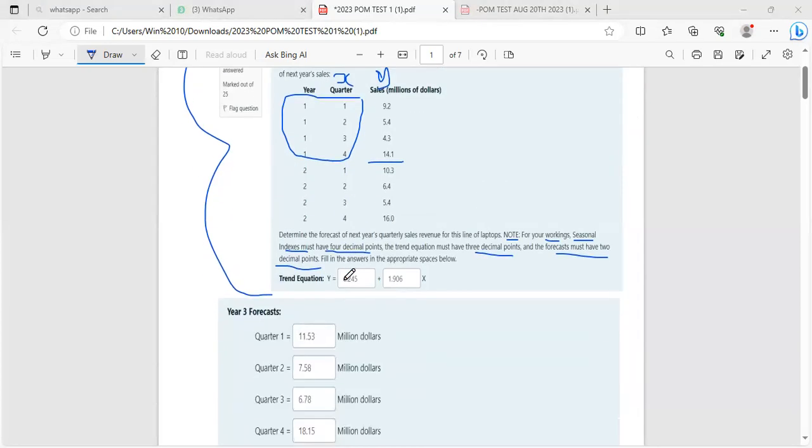So here, just a minor aspect, because they are simply saying we need to calculate now the value of the regression equation using the data that has been deseasonalized.